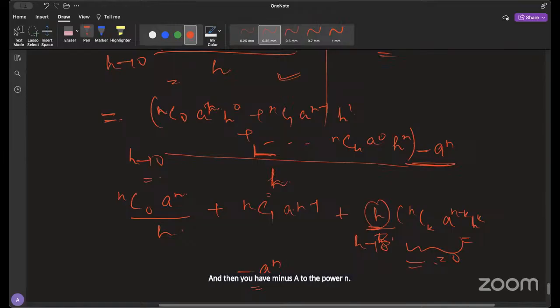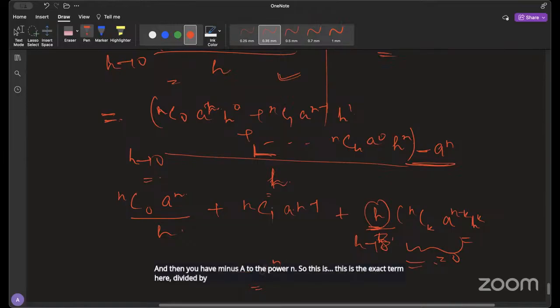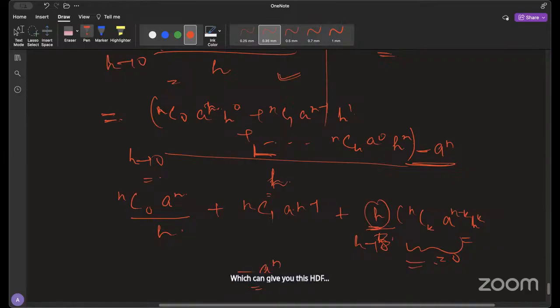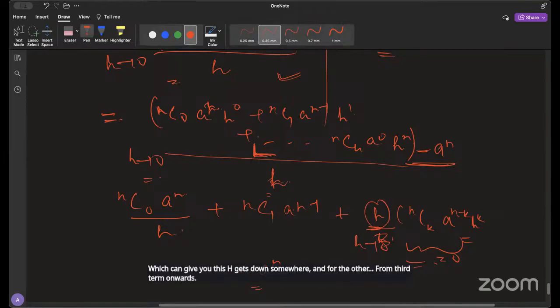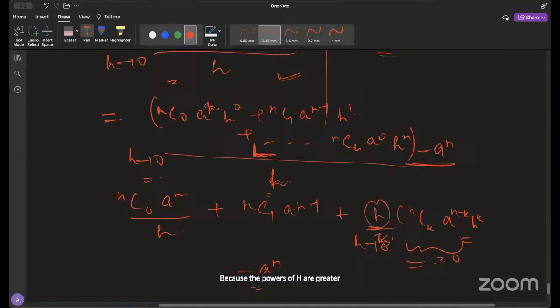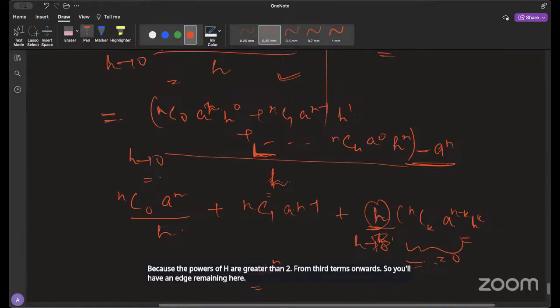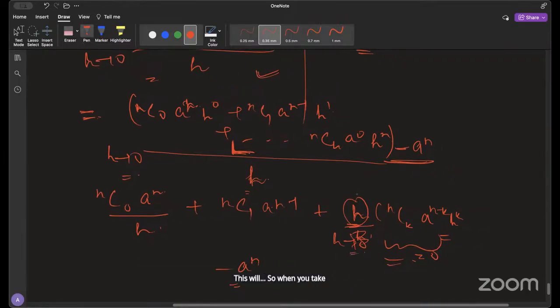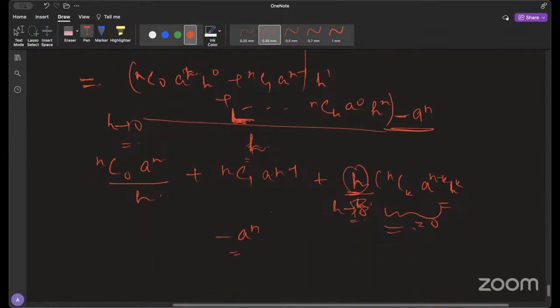So this is this exact term here divided by h. Then you have this thing, which will give you this. h gets cancelled here. And for the others, from the third term onwards, because the powers of h are greater than 2, you will have an h remaining here. So when you take h tending to 0, this whole thing will become 0. So you're only left with this thing, and this thing.